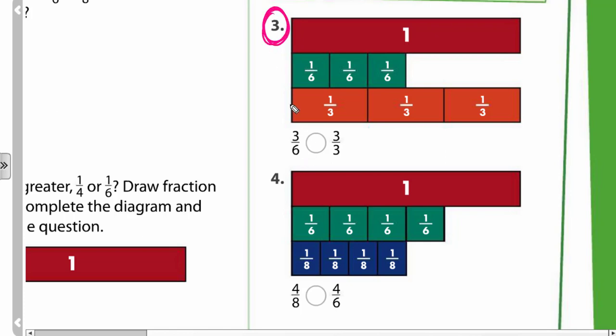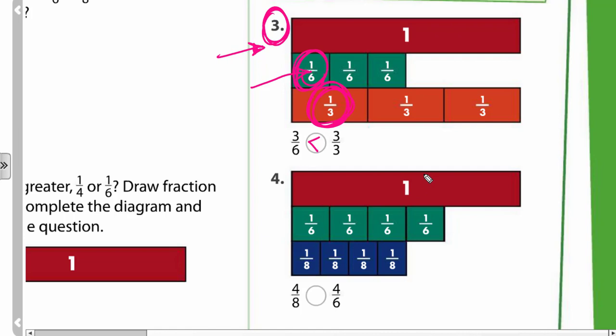Which is bigger? Is 3/6 less than or greater than 3/3? 3/6 is greater. No, I mean less. Sorry. Okay, why less? Because each 1/6 is smaller than each 1/3. Yes. Okay, thank you, Khalid.